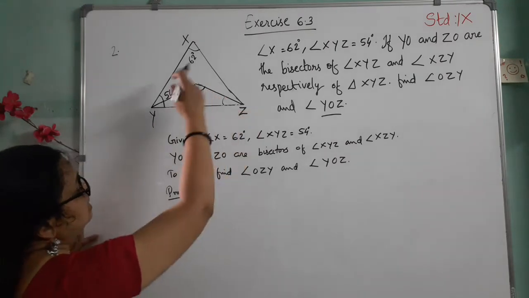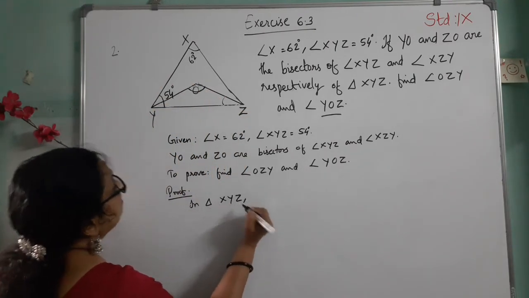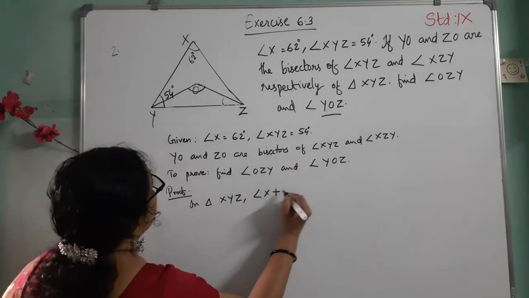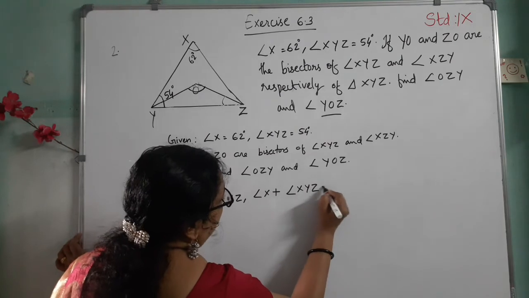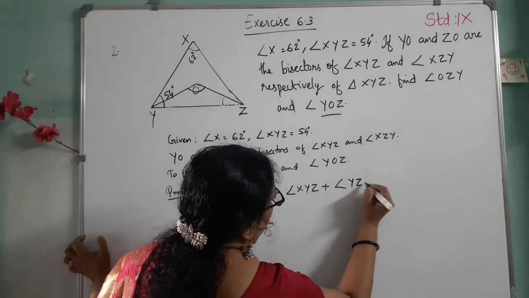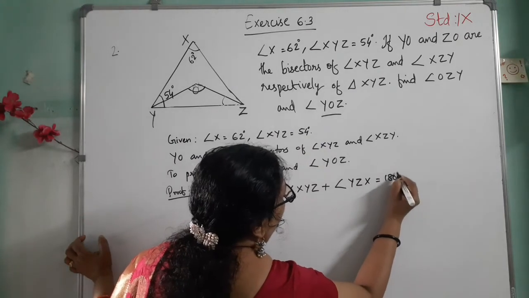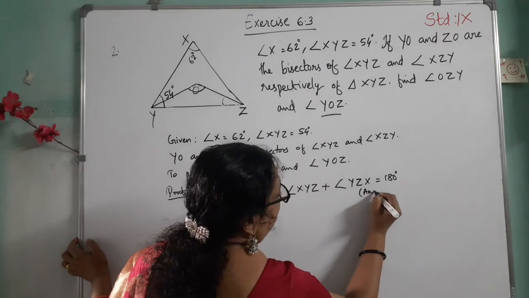in triangle XYZ, angle X plus angle XYZ plus angle YZX equal to 180 degrees in a triangle XYZ, that is the angle sum property.